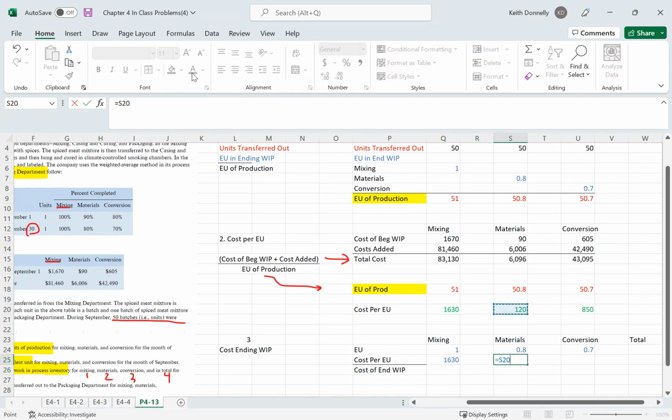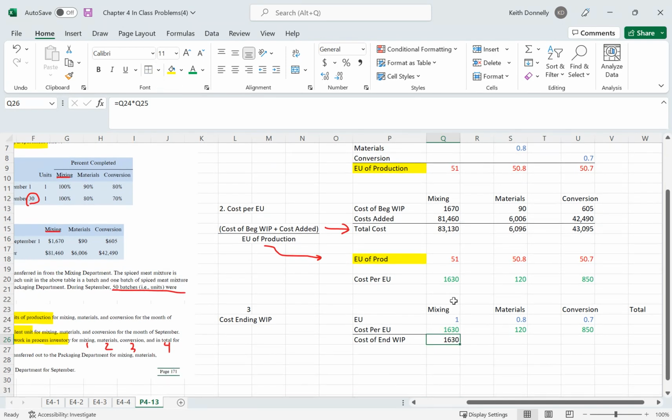These are already blue from the last item, but I can green them up. Then we just multiply. 1630 with regard to mixing.